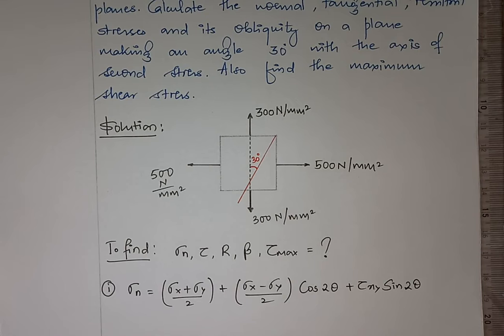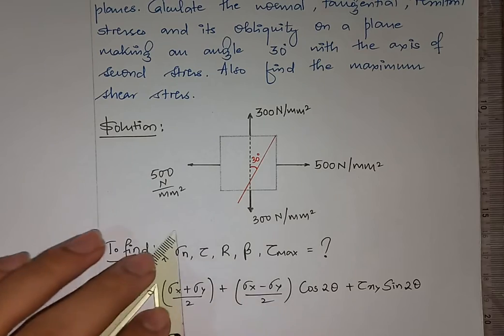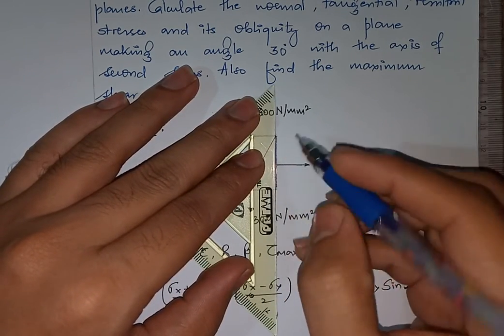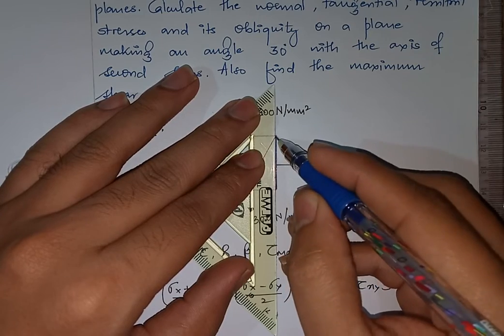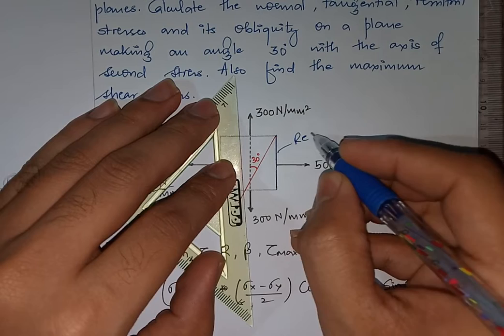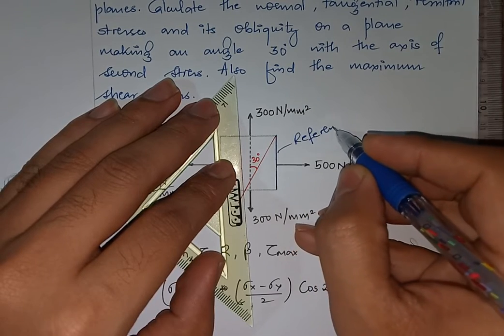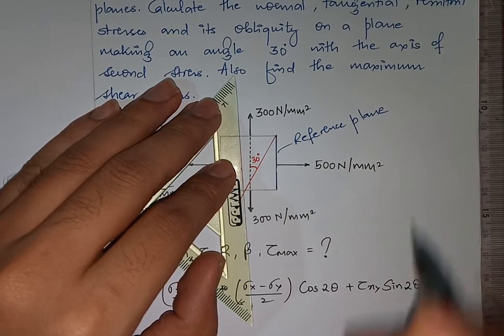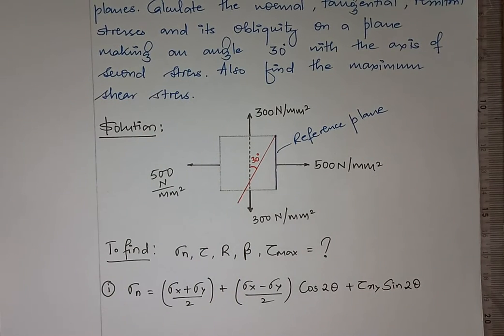Even in this case, I am going to take the vertical plane as my reference plane. Which is the vertical plane? This is the vertical plane. I am going to take this as my reference plane. So I'll just write here, this is my reference plane.